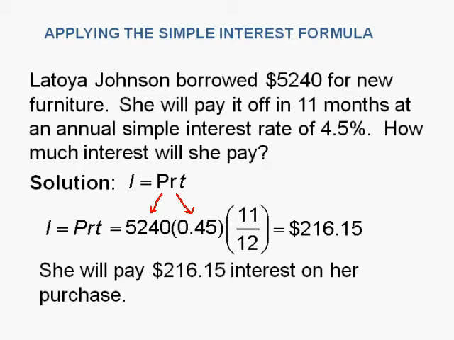I think this should be 0.045, because when you change a percent to a decimal, you must move it 2 places to the left, and then times the 11/12. So I think there's an error here in this graphic, so let's fix that. And you should come out with this answer, $216.15 interest. So check that on your calculators, and if it's not, I want you to tell me in class and scream bloody murder.